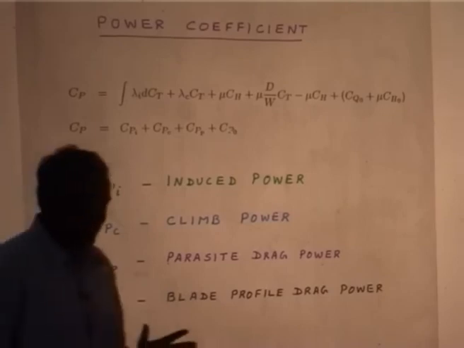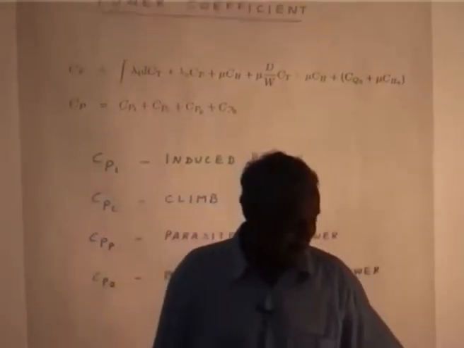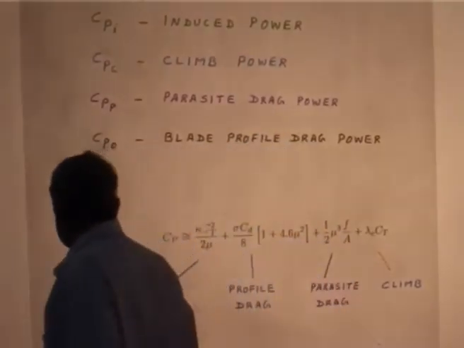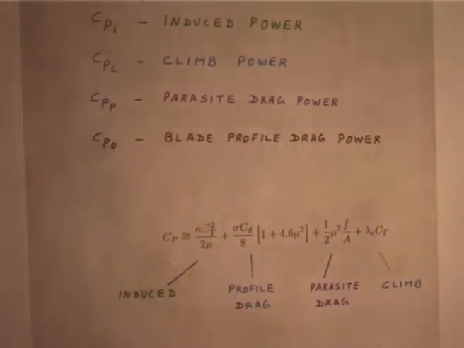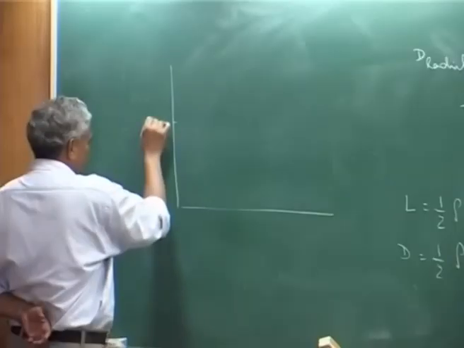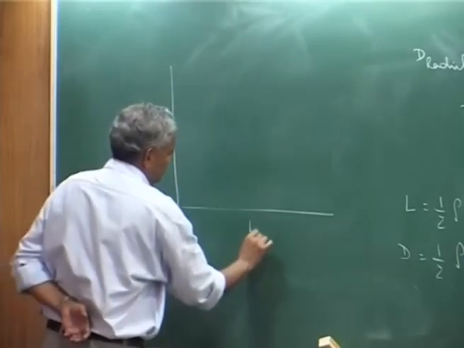That expression is what is very interesting, and it is given here. Cp, of course, I put an approximation symbol, because if you remember we had seen the inflow curve in forward flight. I will just briefly draw it, I will put lambda I and mu.